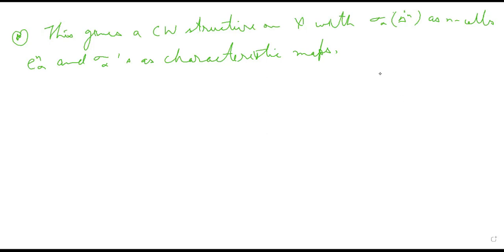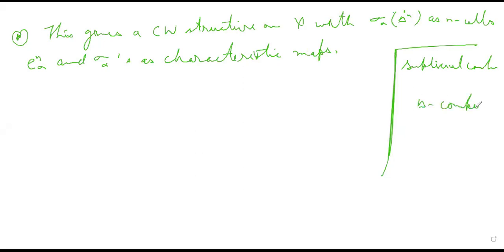So basically, we will see some examples. What we have here is simplicial complexes, then delta complexes, then CW complexes.